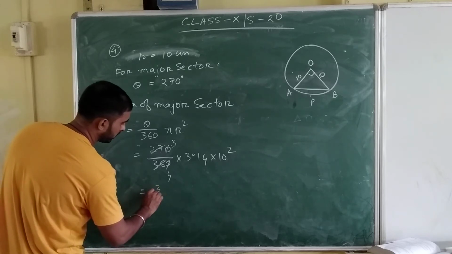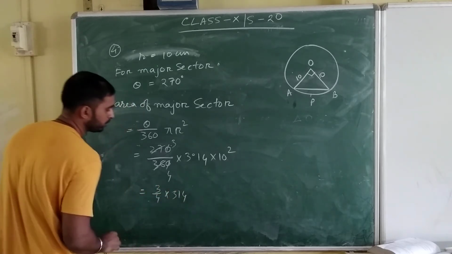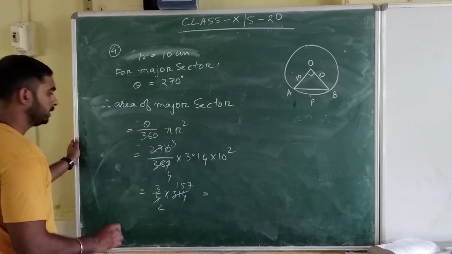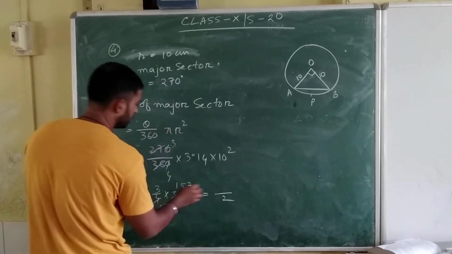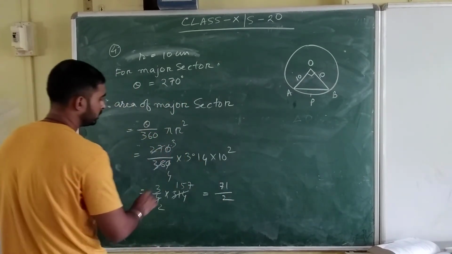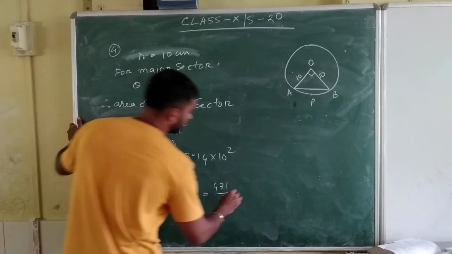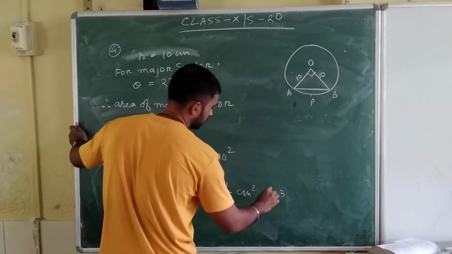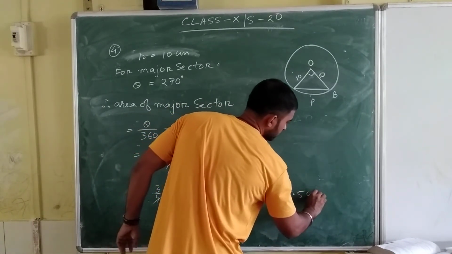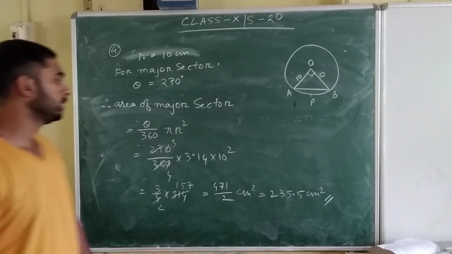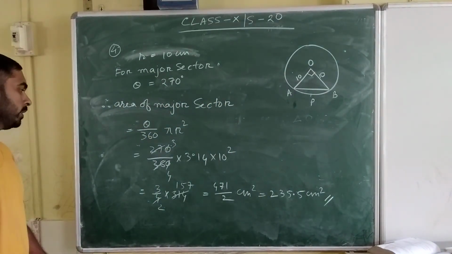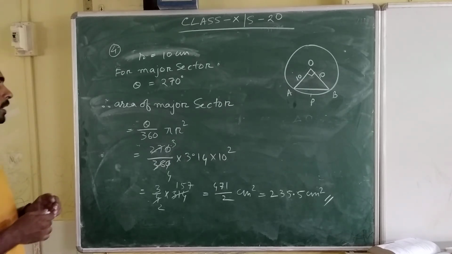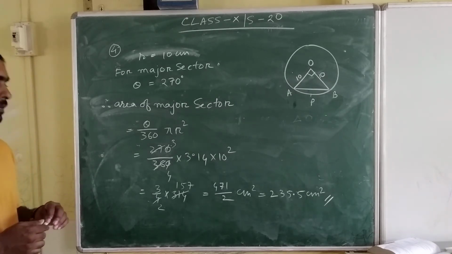So this is 3 by 4 into 3.14 into 100. Calculating, we get 235.5 square centimeter, which is the area of the major sector where theta equals 270 degrees.